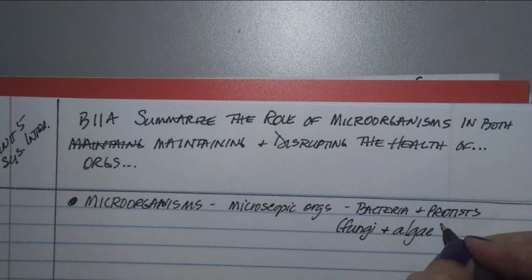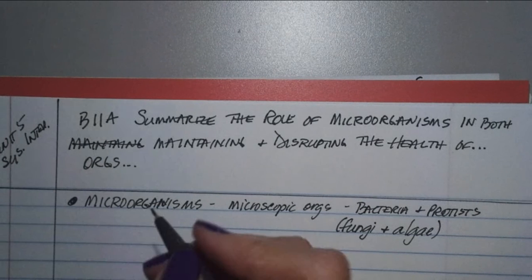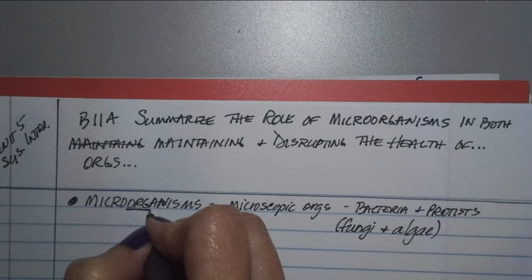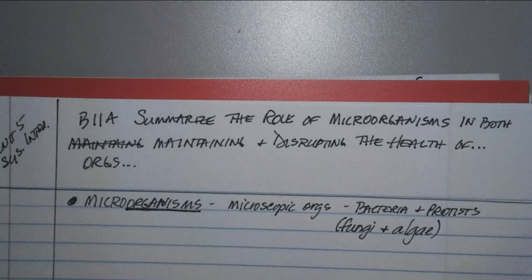Notice viruses are not in here. Viruses are different from bacteria. Why aren't the viruses in here? Because they're not organisms. Viruses are not alive. Remember, in order to be alive, something has to be able to move, grow, reproduce, eat, require energy, get rid of waste.